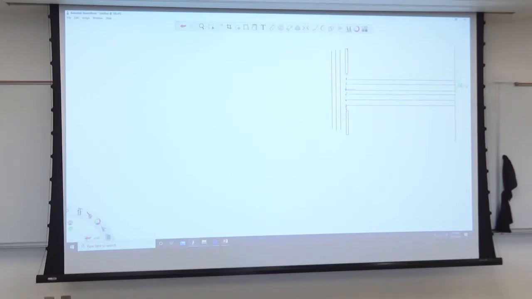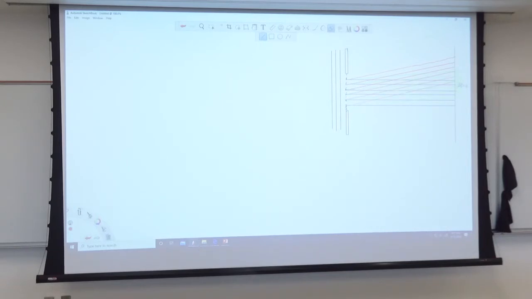We may have another possibility. Let's talk about the third possibility. Let's say these rays meet at a different angle.